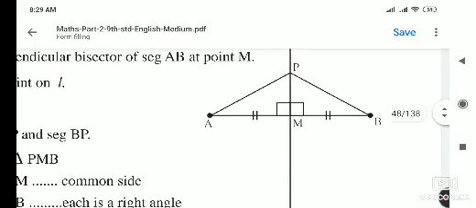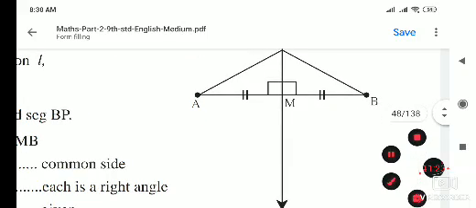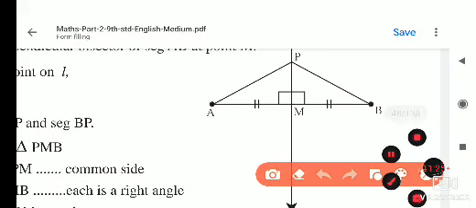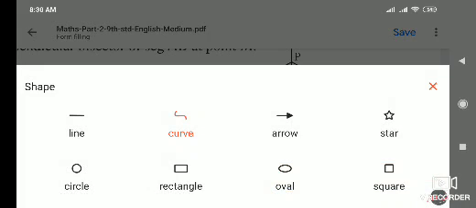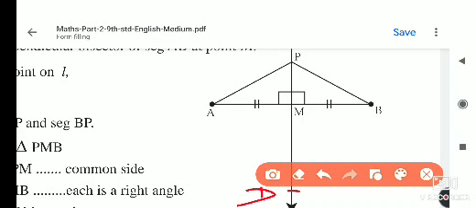If you take any point here, one more example we will see. Suppose this is point D, and if I join AD and BD, two triangles are formed. Which are those triangles?